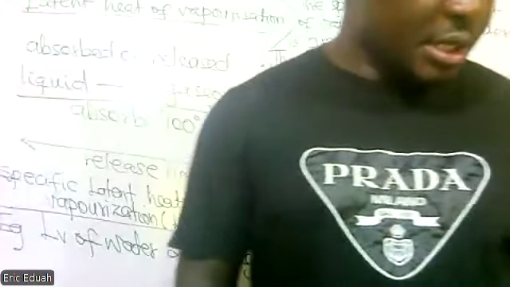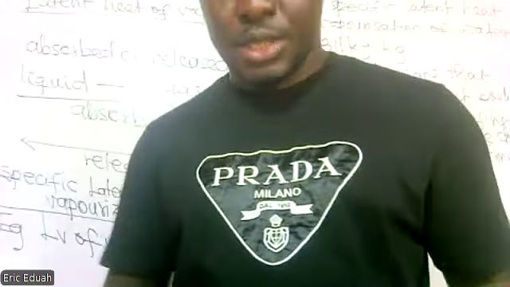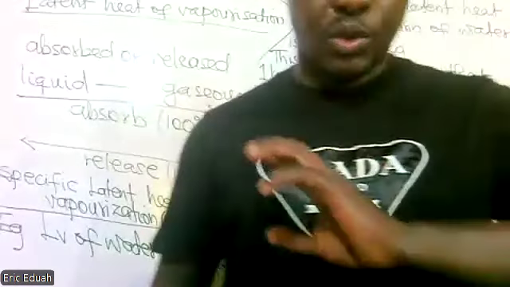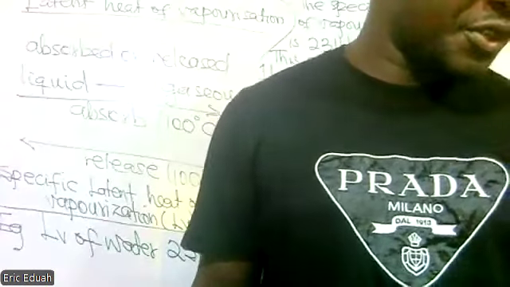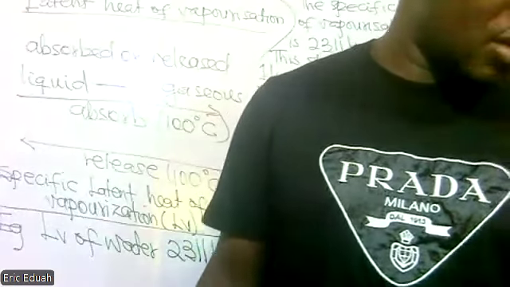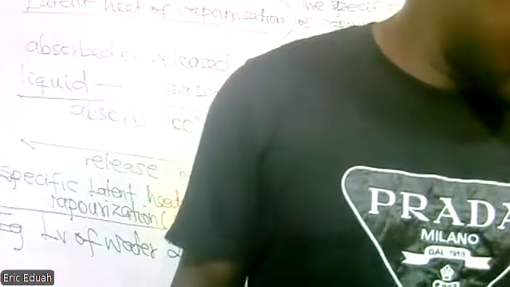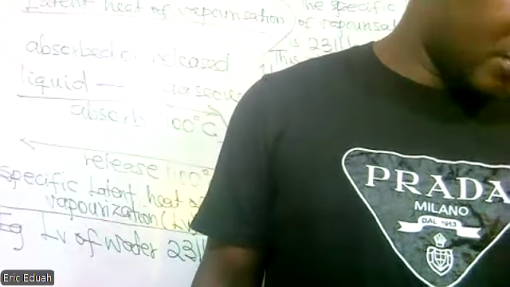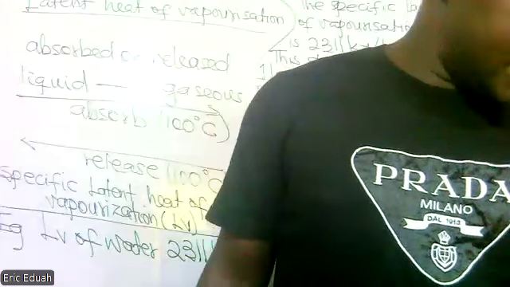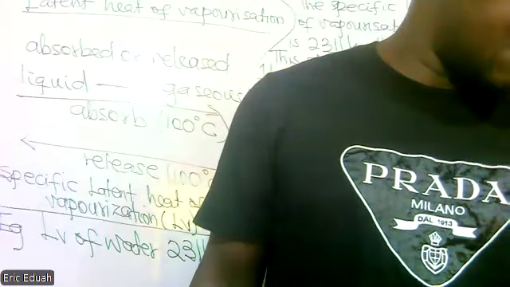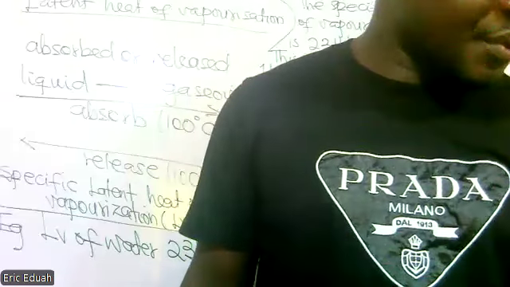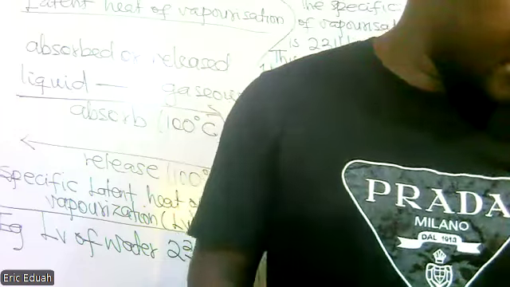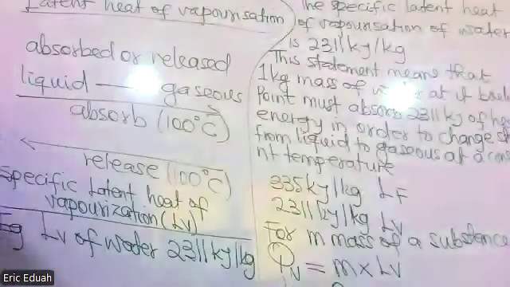In the foreign books, they usually do not use specific. When they say latent heat of fusion, it actually means specific. So the specific latent heat of fusion of lead is 225 kilojoule per kilogram, and its melting point is 328 degrees Celsius. How much heat is liberated as 3 kilograms of lead solidifies at 328 degrees Celsius?